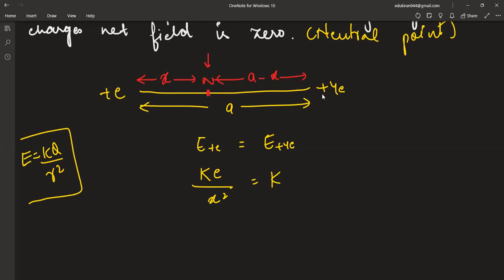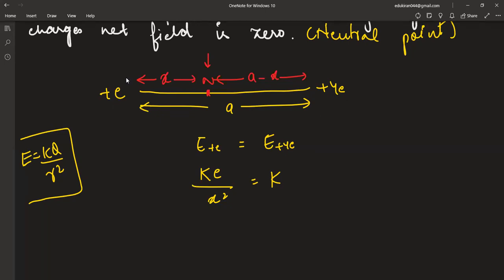We are calculating because of 4E. A minus X, that is the separation. Charge KQ, 4E. 4 times the electronic charge, no?